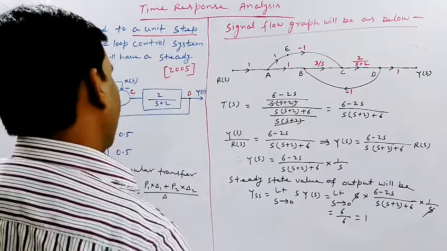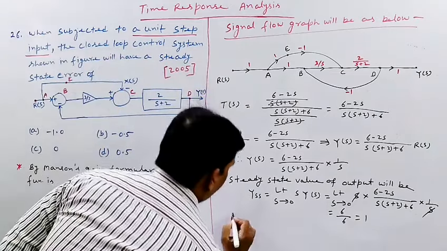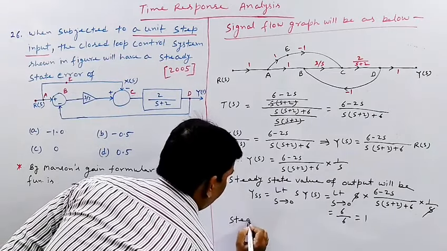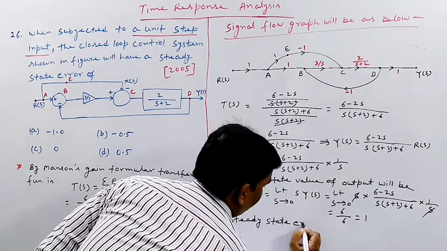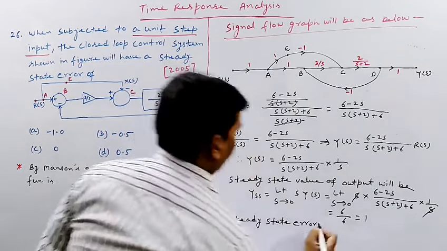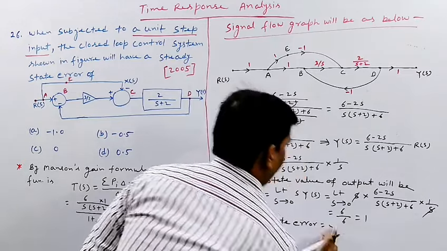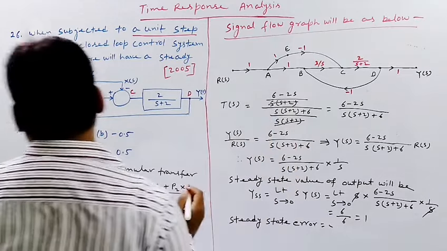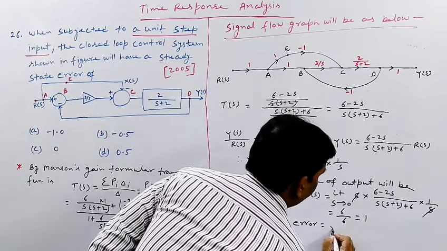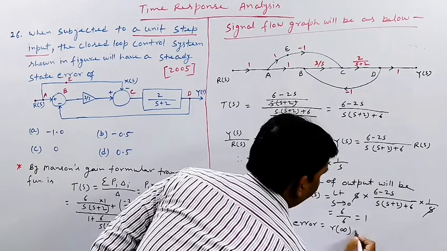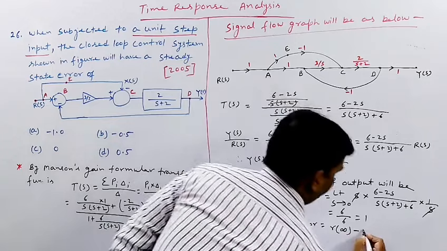So the steady state error. Now the steady state error will be nothing but Yss, or you can say R(s), means R(t), or you can say R(infinity) minus Yss.